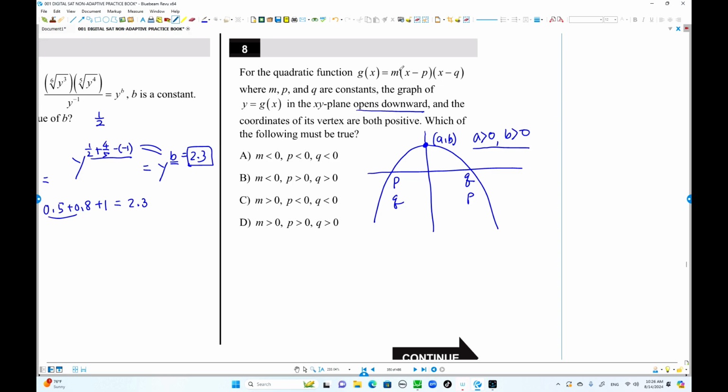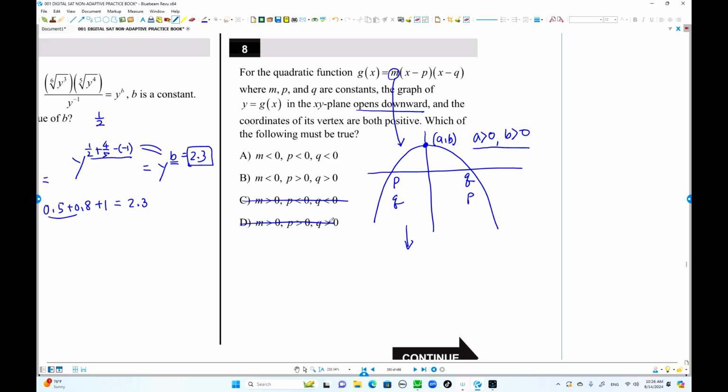The first one, this is a factor there. The graph opens up or down, right? If m is positive, the graph opens upward. If m is negative, the graph opens downward. It opens downward, right? m must be negative, okay? So m is positive is wrong.